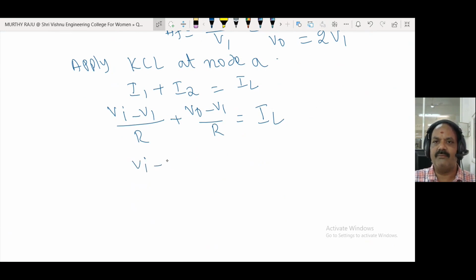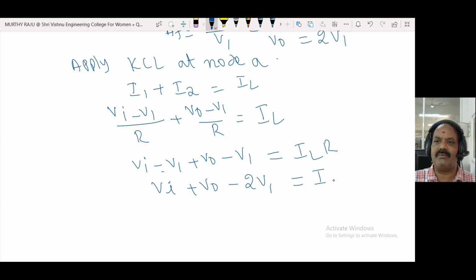VI minus V1 plus V0 minus V1 is equal to IL into R. Here, VI plus V0 minus 2V1 is equal to IL into R.